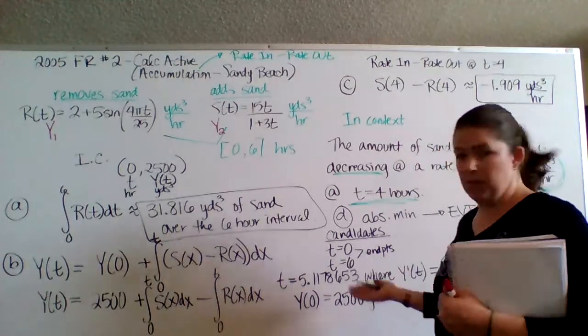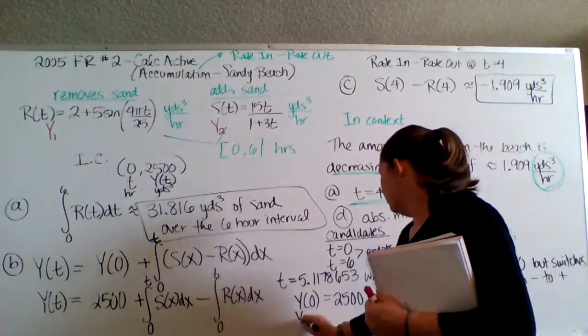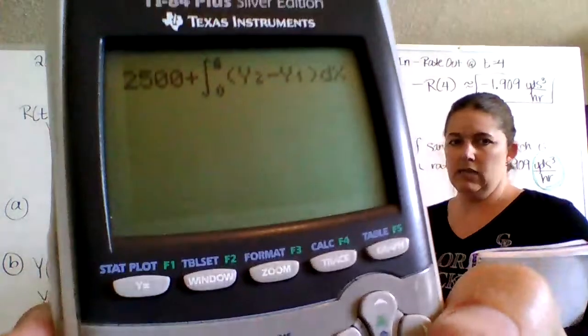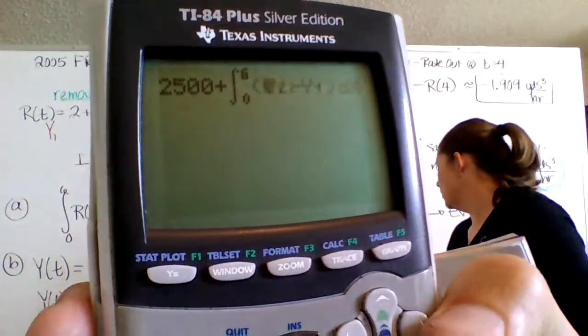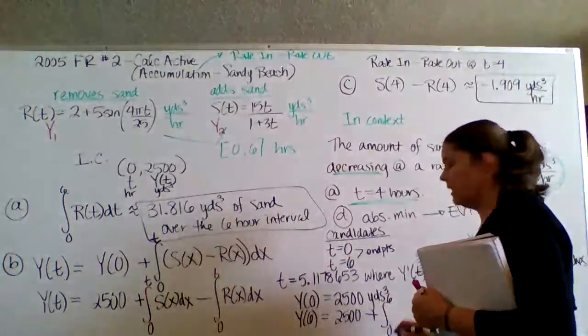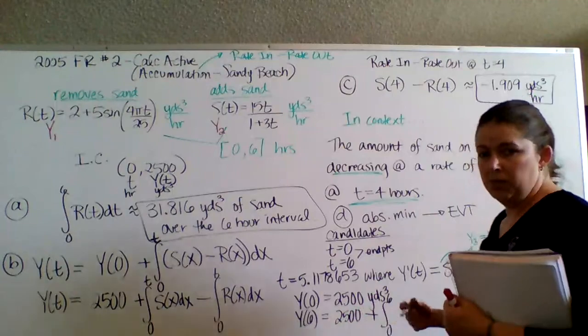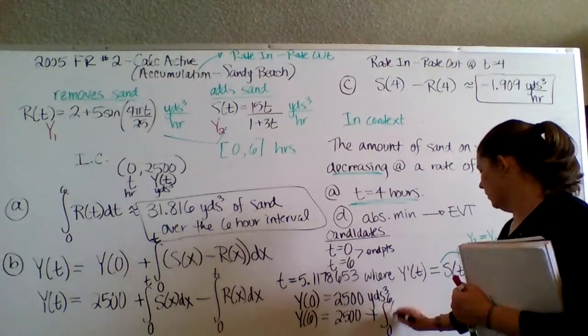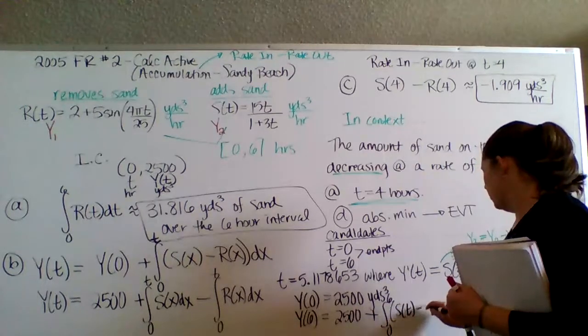Maybe that's going to be my lowest spot, maybe not. So if I try the other endpoint, which is 6, here we're finding the amount of sand on the beach, so the initial condition is part of it. So it'd be 2,500 plus the antiderivative from 0 to 6. Again, use your y sub 3. But I can't write y sub 3 here, right? That's calculator syntax. So I still would write s of t minus r of t.